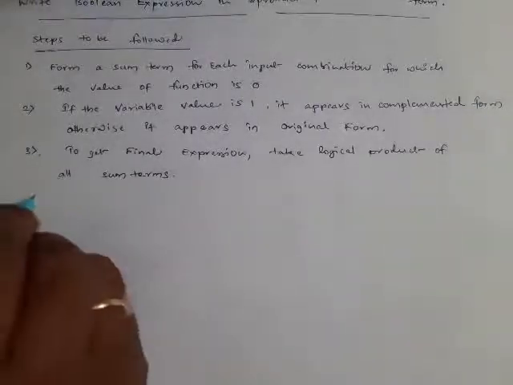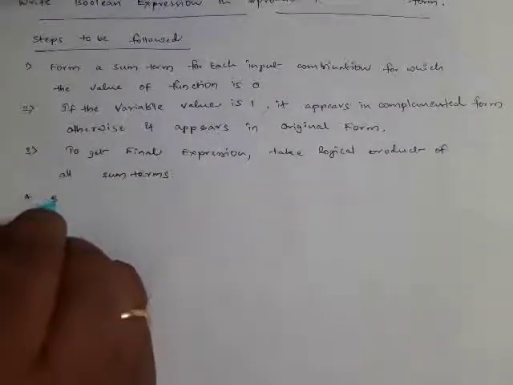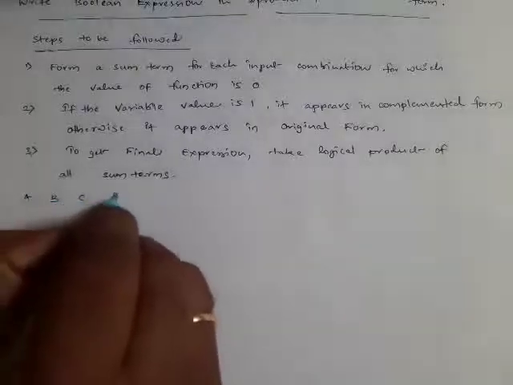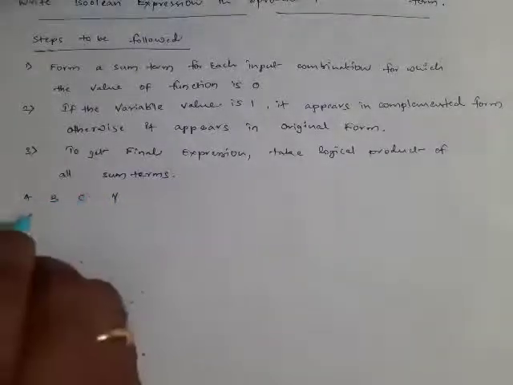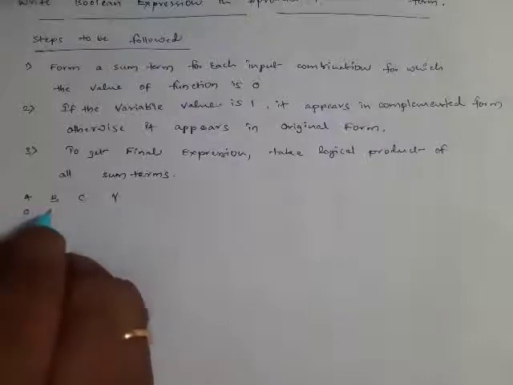So here I assume that we have a function of 3 variables and we are given the truth table.